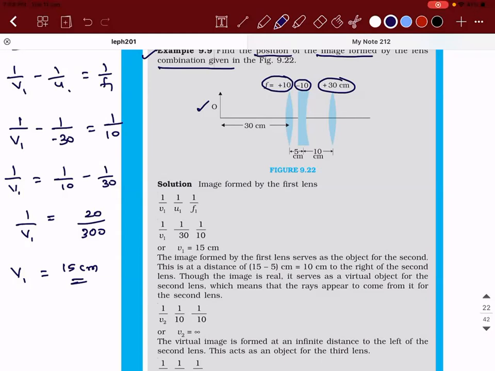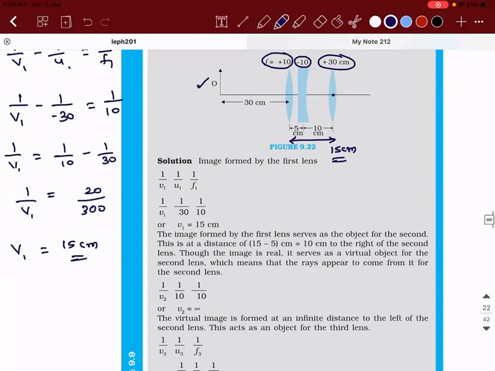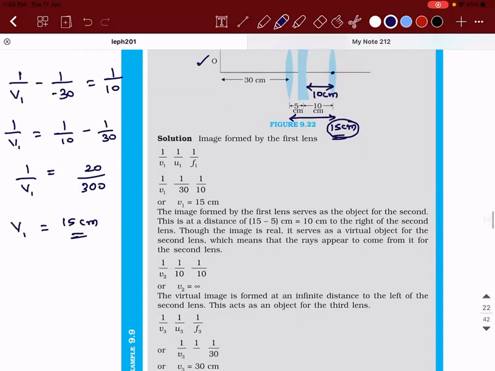So V1 is 15 centimeter means with respect to the first lens, the image is formed at a distance of 15 centimeter, literally at the optical center of the third lens. Now, this will start acting as the object for whom? This will start acting as the object for the second lens. But from this point, what is the distance of the optical center of the second lens? It is only 10 centimeter.